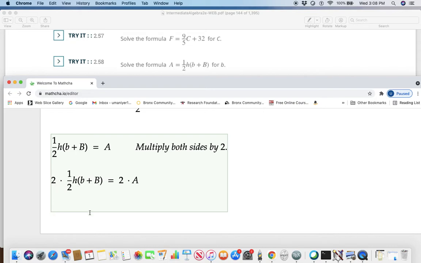They cancel each other. You're left with h times (little b plus capital B) equals 2A.